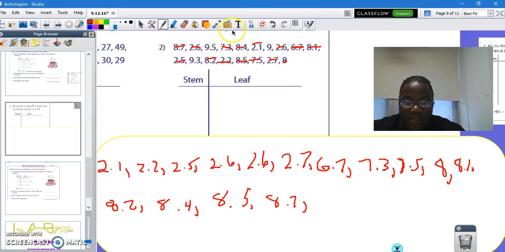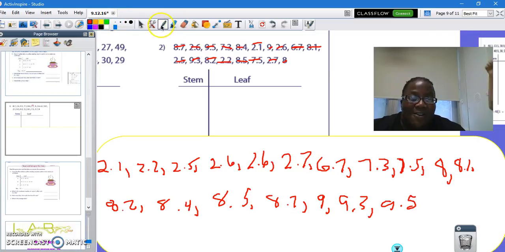Now my 9s. I see a 9, 9.3. Well, the first one's going to be 9 because that's just like saying $9. And then $9.30. 9.3. Huh. There it is. And then 9.5. Okay?